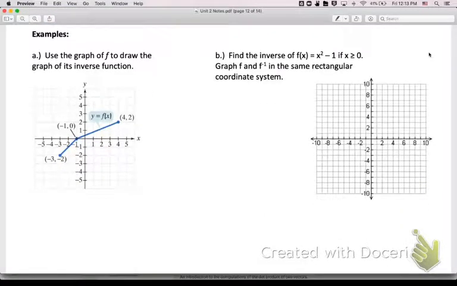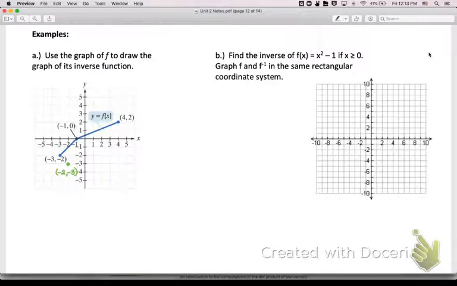So for A, we want to use the graph of f to find the graph of the inverse. We don't need to do anything with equations or anything like that because we're just going to work with the ordered pairs. This furthest to the left ordered pair is (-3, -2), so we want to switch it to (-2, -3).